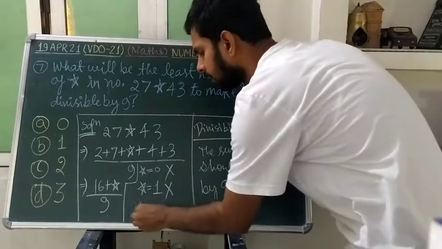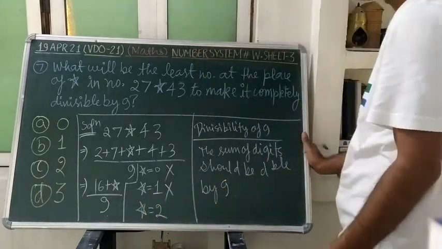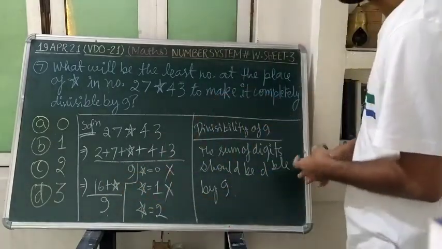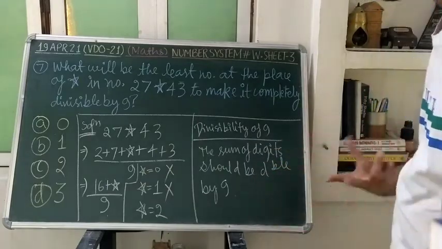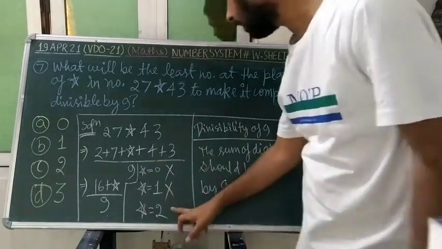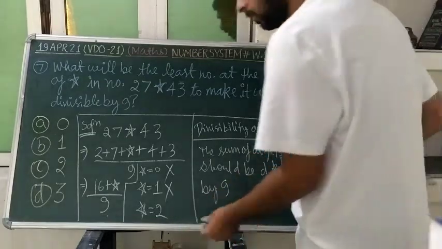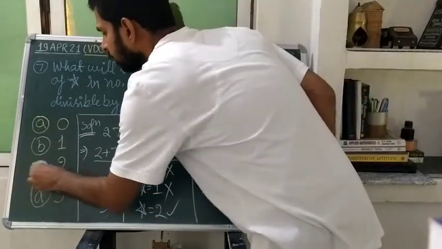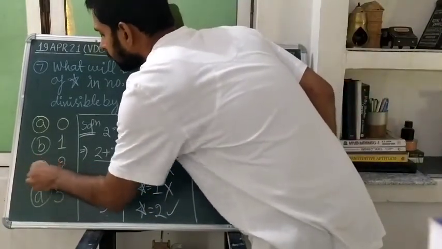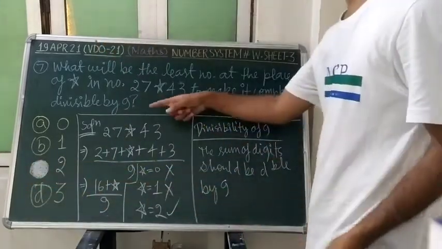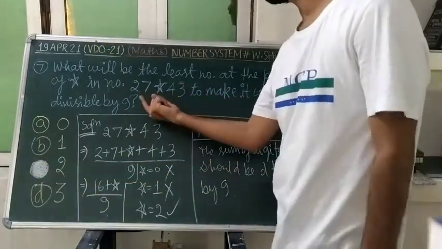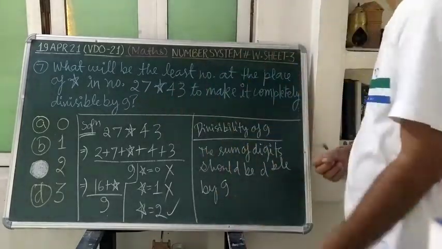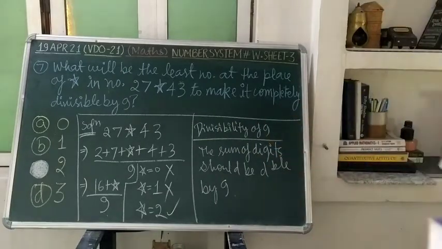If I select star as 2, 16 plus 2 will become 18, and 18 is divisible by 9. So our answer is that star should be 2. At the place of star, 2 will come, and that number will become 27243, and that will be divisible by 9. You can check.